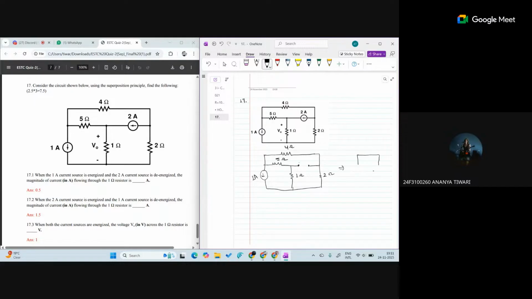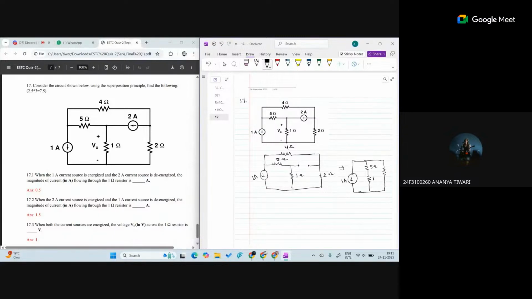So let's just redraw it so that it will be clear for everyone. This is 5, this is 1, and this is 6. Is this okay, or if not, I can redraw this in another way?